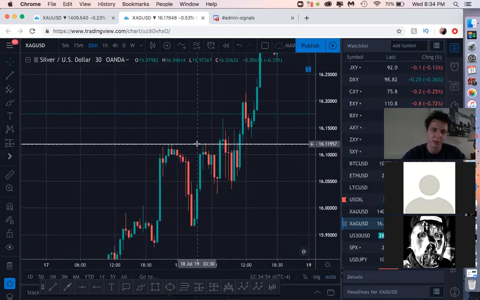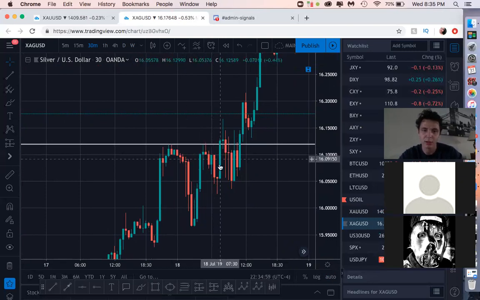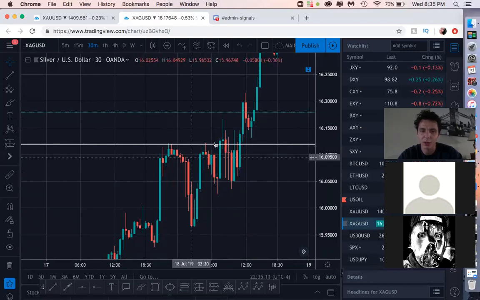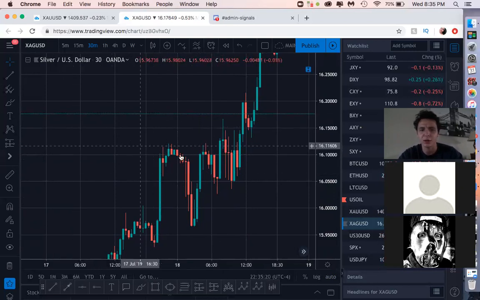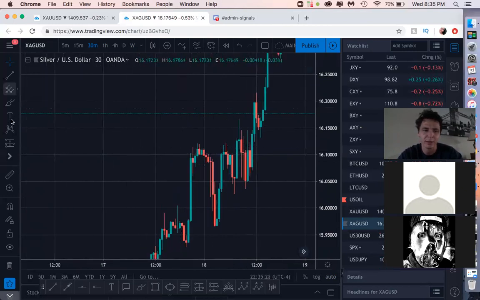So what that means is it comes up to the same price point and drops. Then as soon as you get a break and close above that price point, that's when the liquidity will start to come into the market because they've broken that kind of psychological level. They've accumulated orders of selling. So in this instance, retail traders, people who don't know a lot, will see these wicks and be like, oh shit, it's a good sell. The market's not going past that. And that's what they want you to think.